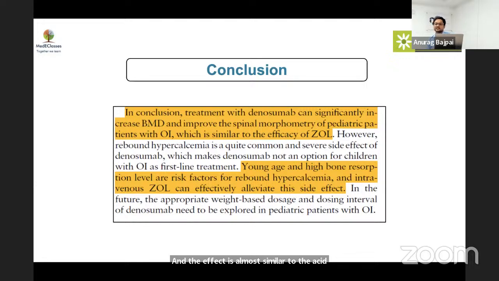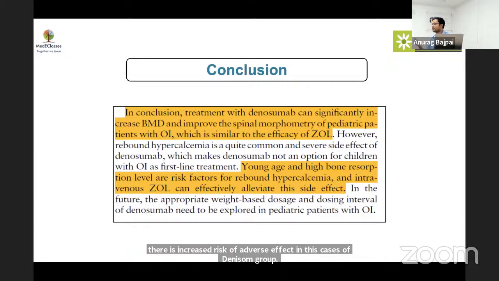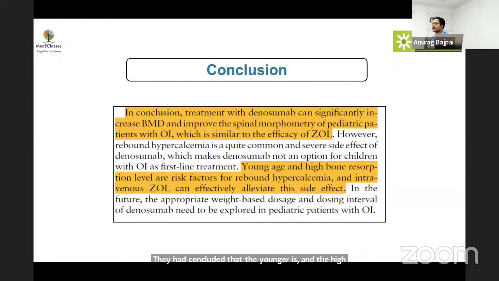Though there is an increased risk of adverse effects in the denosumab group, they concluded that younger age, less than 5 years, and high bone resorption markers carry much more risk of hypercalcemia than the rest of the group. And the irony is that they used the older age. Yes, and milder cases. So if they had done it in a younger age, it would have been more devastating.